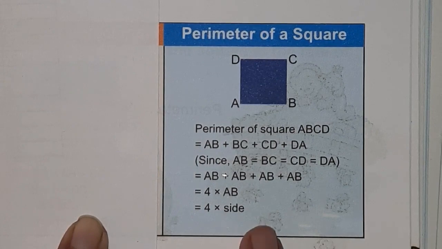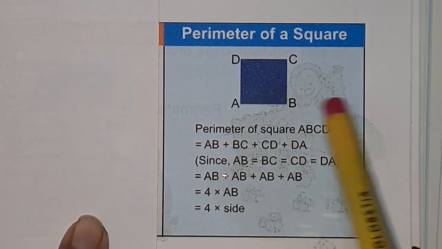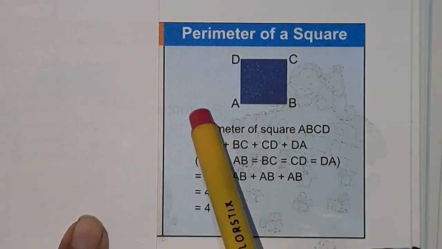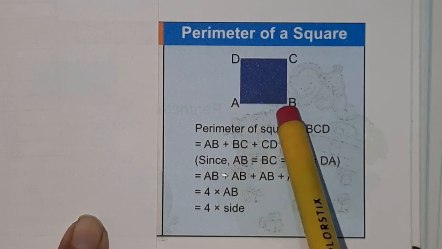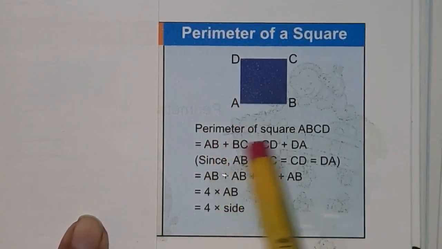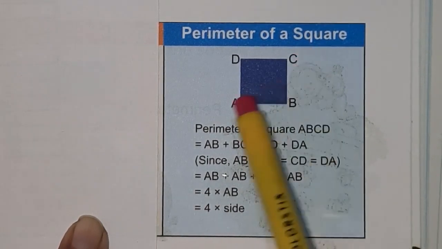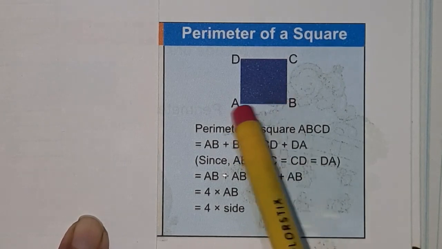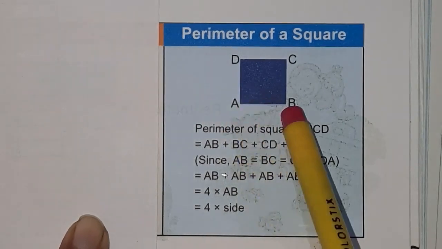Now the next rectilinear figure is square. Perimeter of a square. A square has 4 sides having equal length. ABCD is the square. AB plus BC plus CD plus DA will give the perimeter. And we know that BC, CD and DA have equal length as AB.